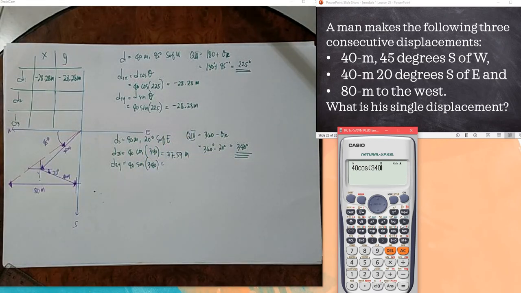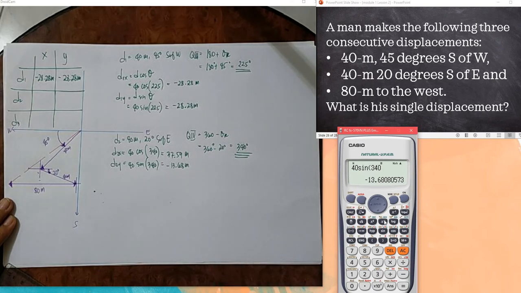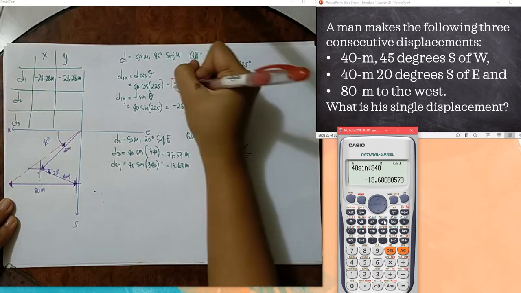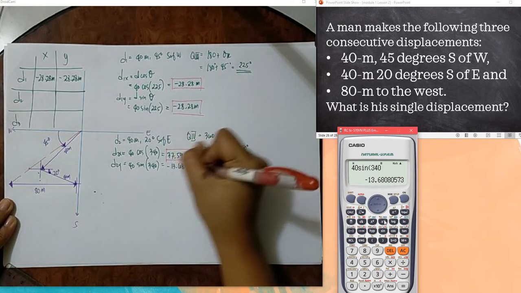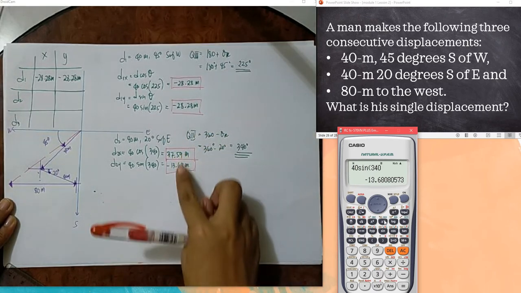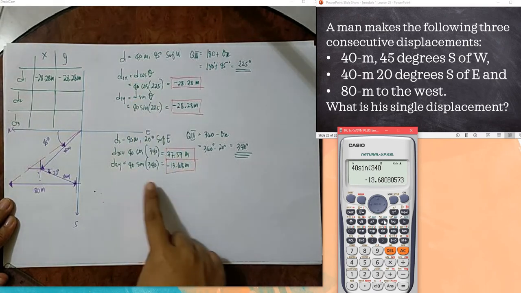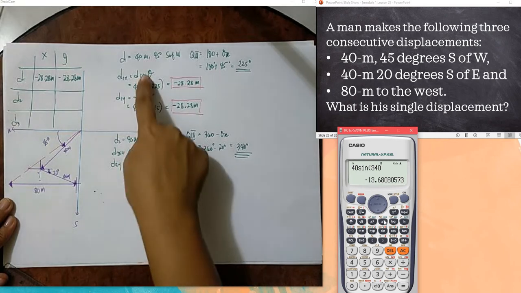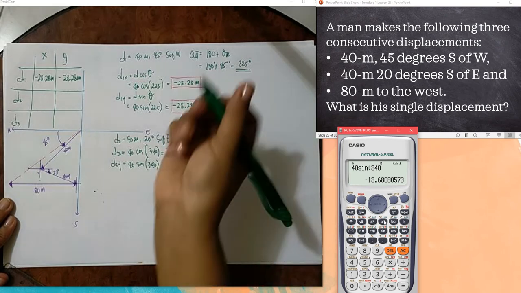We have negative 13.68. Negative 13.68 meters. By the way, I'll put a box so it's more visible. This is the y and the x component for our second vector. By the way, if you notice, I went straight to the equation. Okay, let us write the values here.